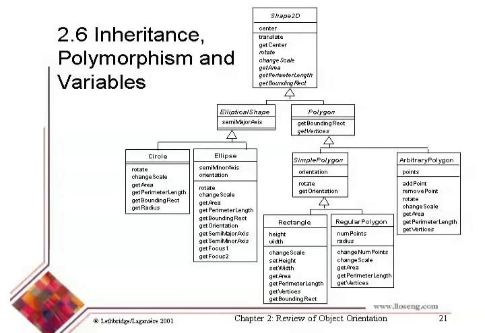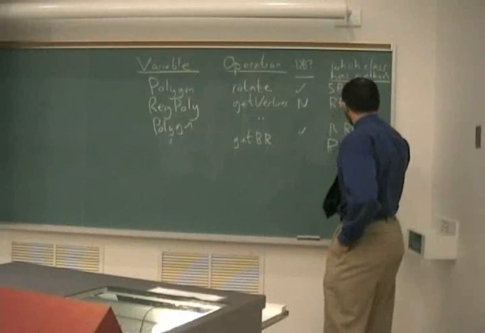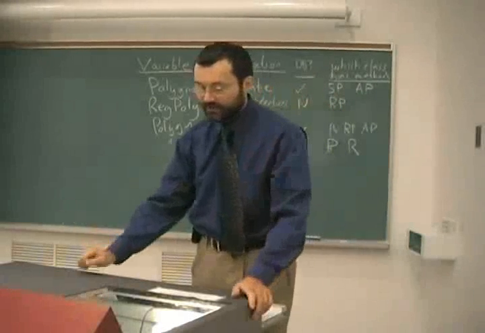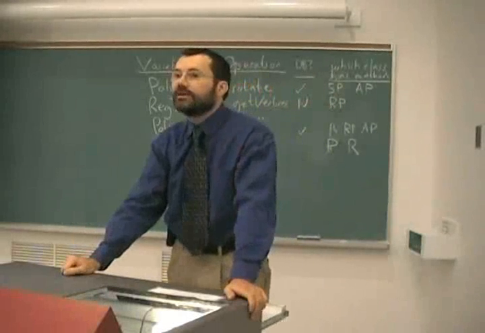Don't jump to the conclusion right away that there's going to be no dynamic binding just because we have a concrete method right here, because there's an overriding version down here. So it could be the polygon version, but it could also be the rectangle version. So there has to be dynamic binding taking place in that case.